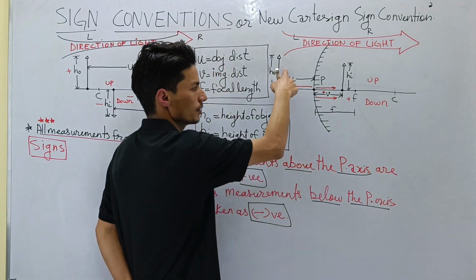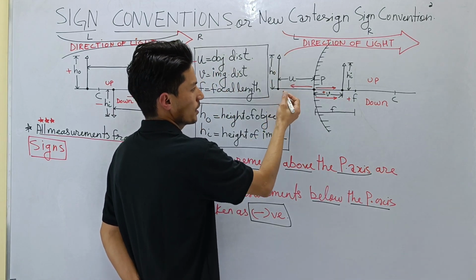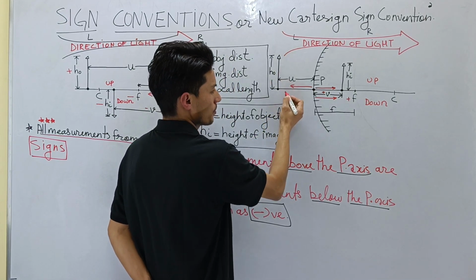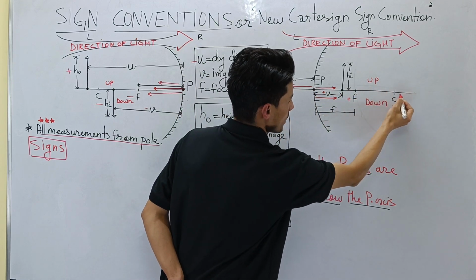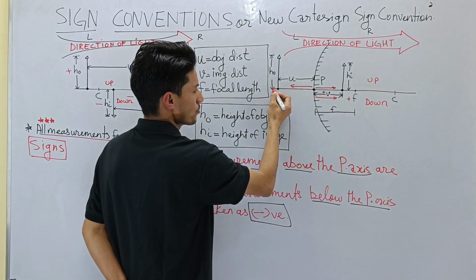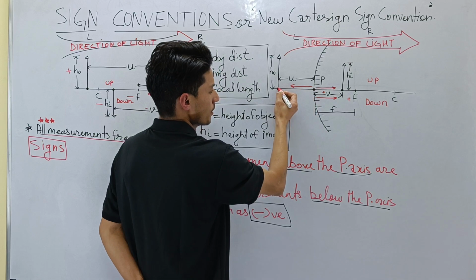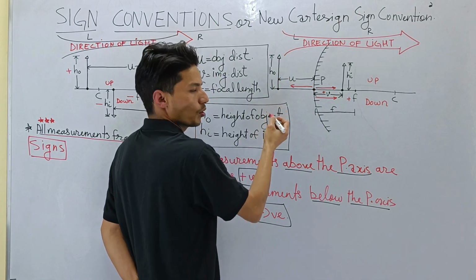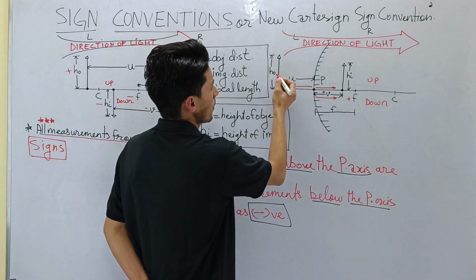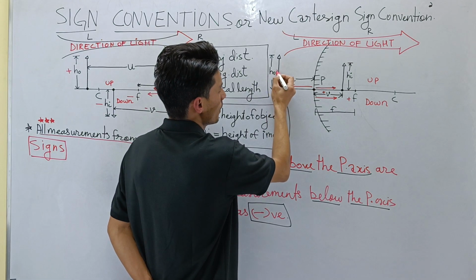Next, we go here. Now, this is the object. The object is above the principal axis. This line that you see is the principal axis. Is the object above or below the principal axis? The object is always above the principal axis, so the sign it will have is plus.